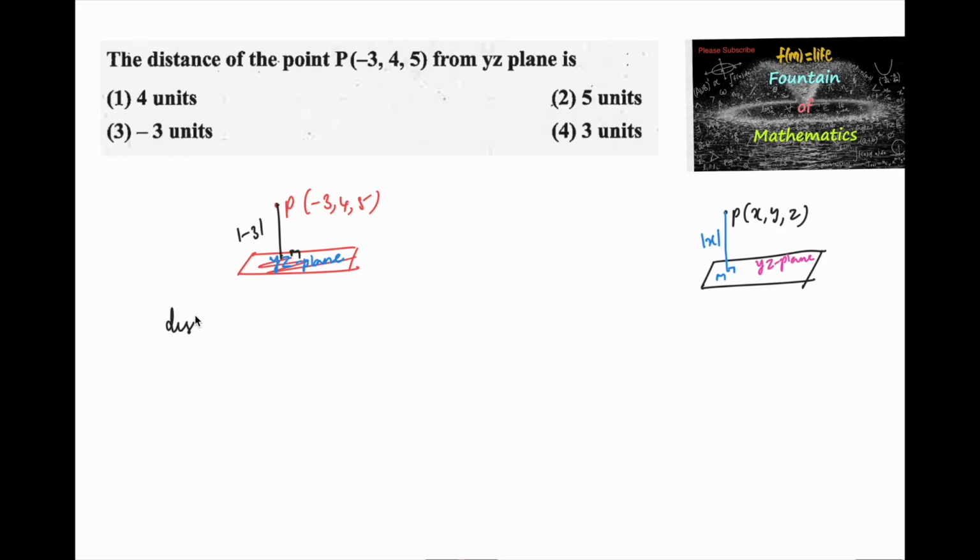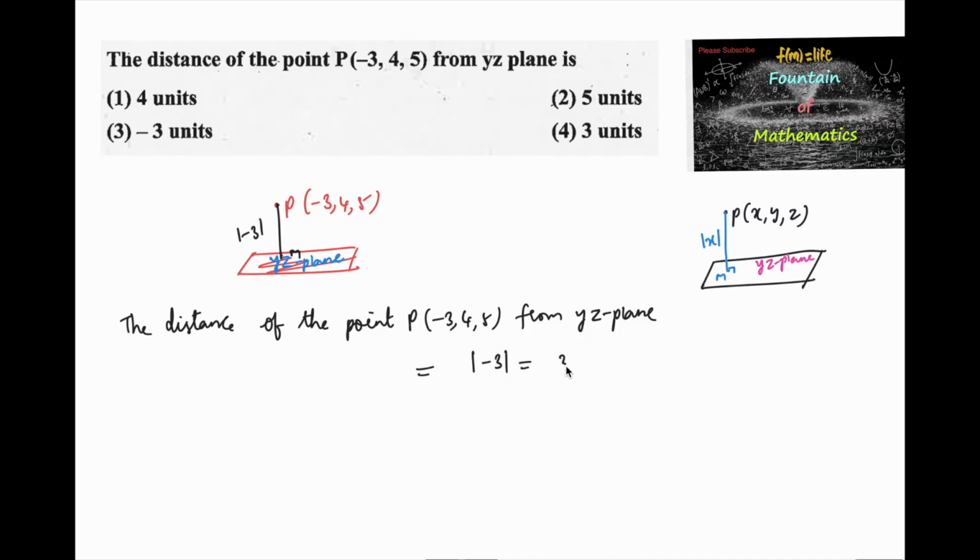So therefore we can write the distance of point P(-3, 4, 5) from the yz plane is given by mod of -3, which is equal to 3 units.